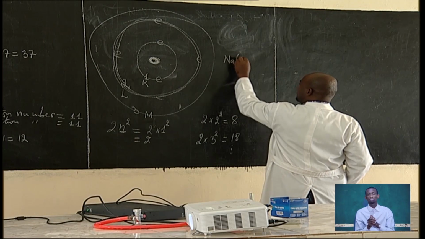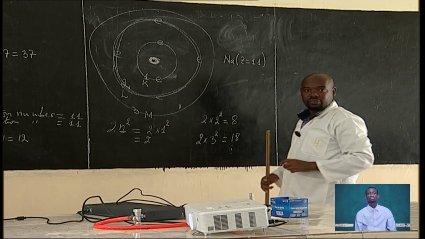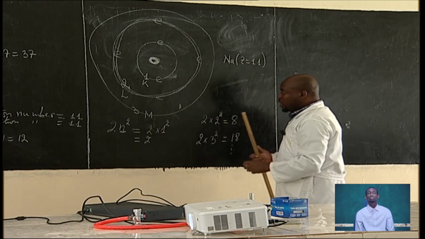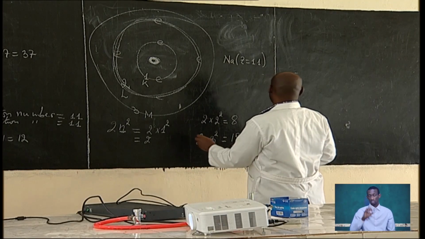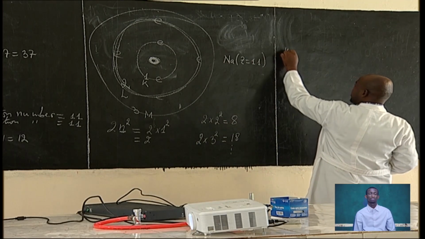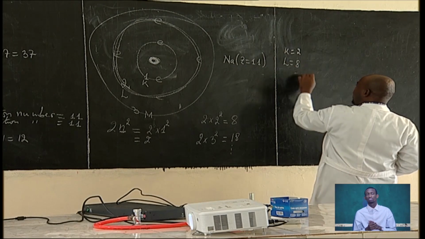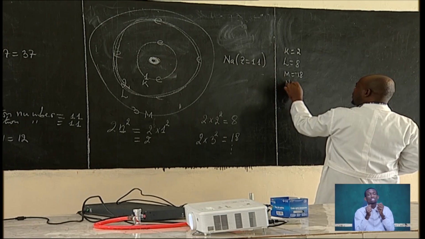That is sodium. Sodium has 11 electrons. For these 11 electrons, we know that the first shell, that is K, can contain a maximum of 2. The second, L, 8. And M, 18. N, 32.